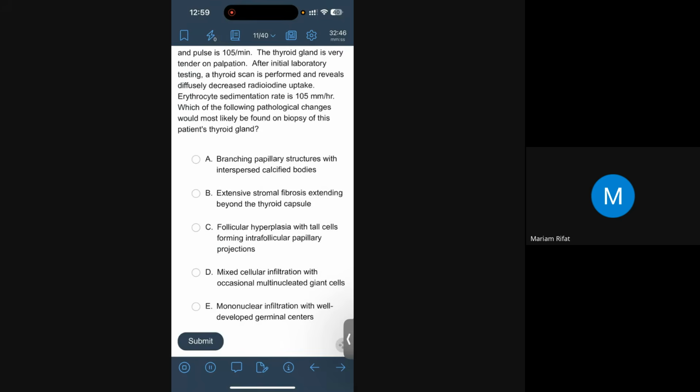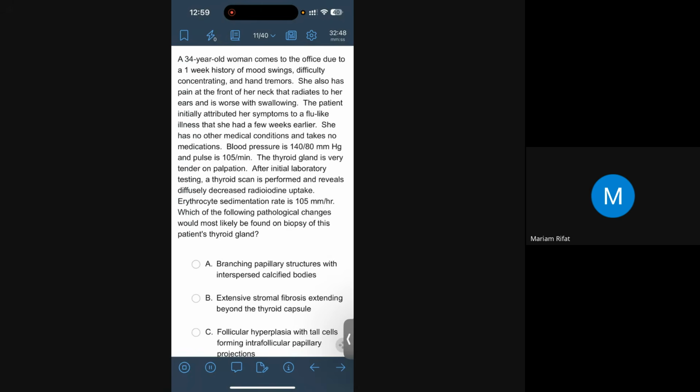Okay, see the options. Now try to make the diagnosis. A 34-year-old woman.